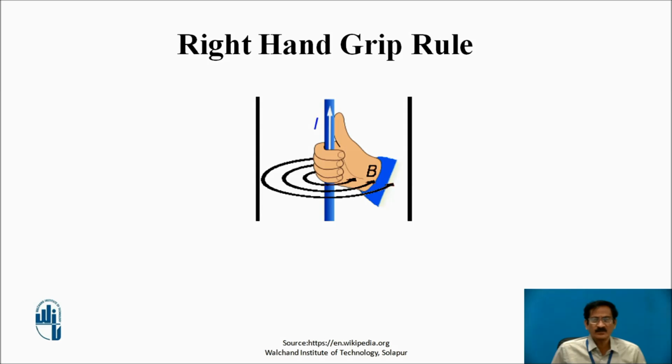And if we hold the right hand such that the thumb is towards us, then the curved fingers will be anti-clockwise, giving the direction of the induced magnetic flux. So this is about the straight long conductor, in which the current moves in a straight line and the flux induced is circular in nature. So the flux throughout the length of the conductor will be concentric in nature.